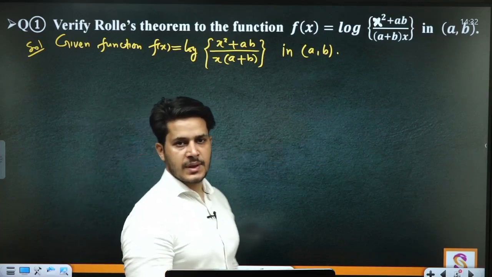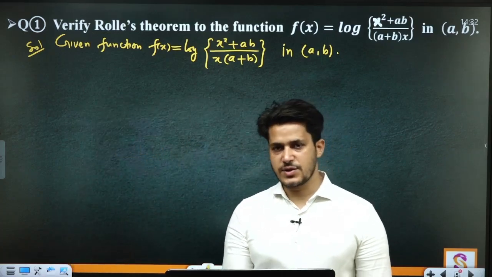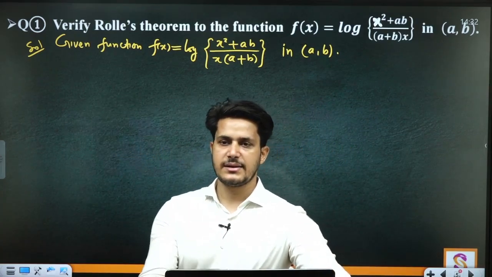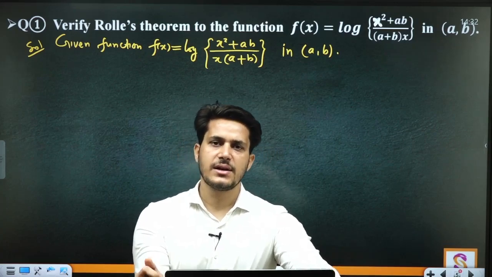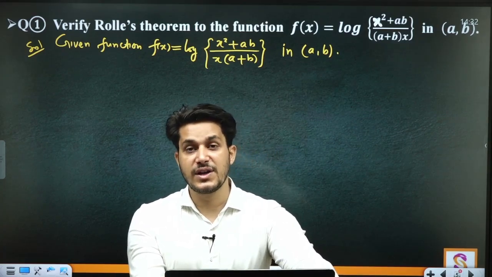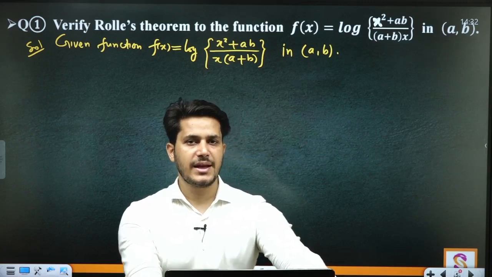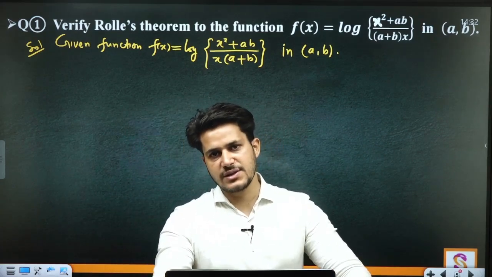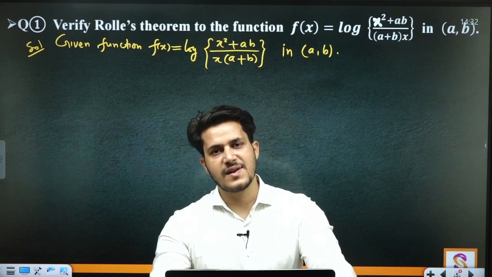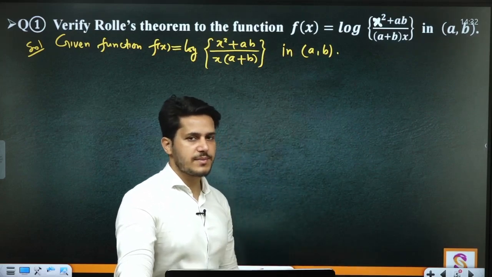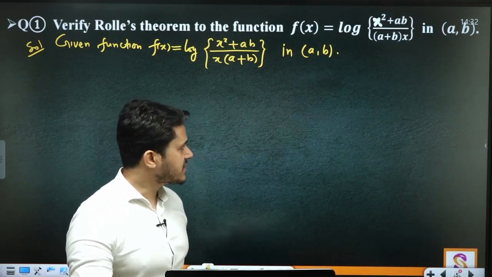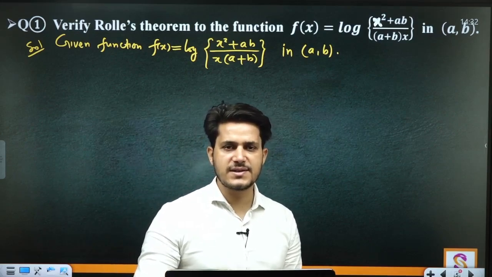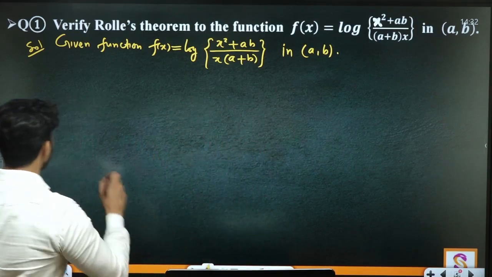So to verify Rolle's theorem, the first statement is that f(x) is continuous and differentiable, and you will say this with the help of the nature of the function given. If it is a logarithmic function, trigonometric function, or algebraic function, then it will be continuous as well as differentiable. So the first statement you have to write from the nature of the function, no need to prove it.